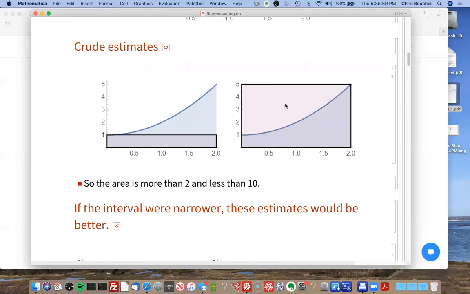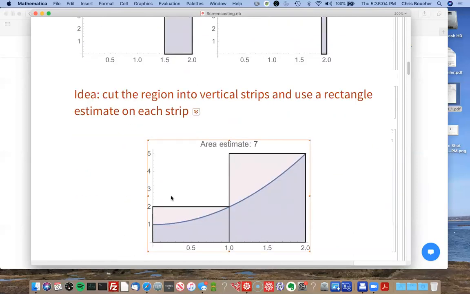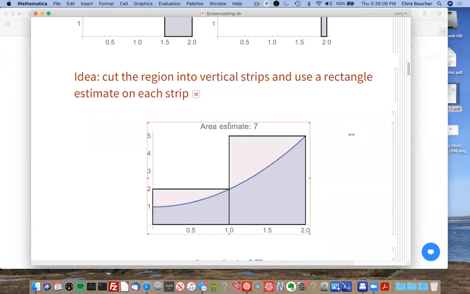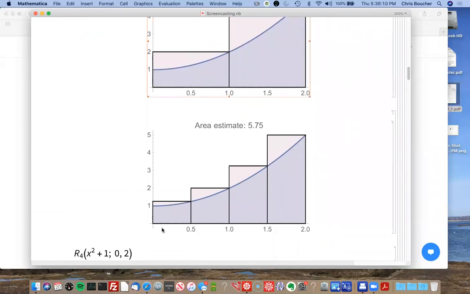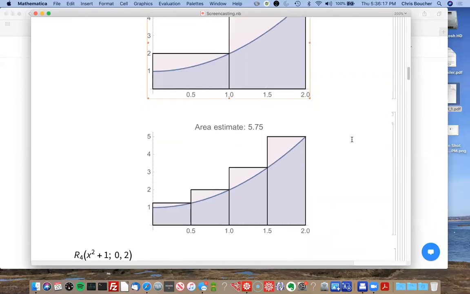The estimate up here, 10, included a lot of extra area in the upper left that's not there anymore in our new estimate. If we cut it into 4 pieces instead of 2 pieces, things look even better. Again, this is very much a visual argument, but so far things are at least looking good.